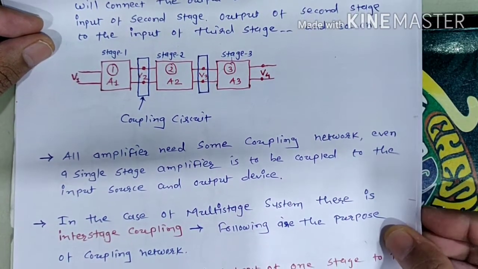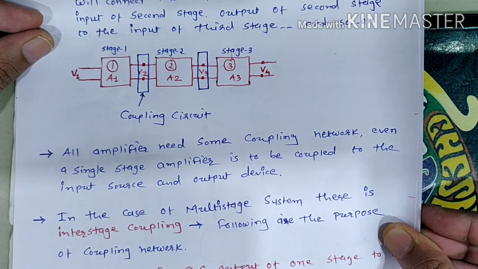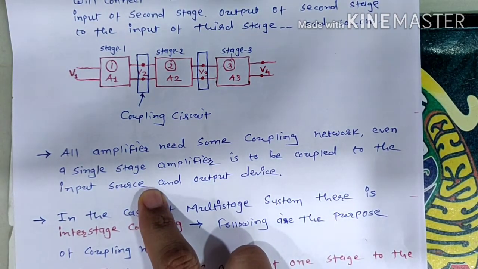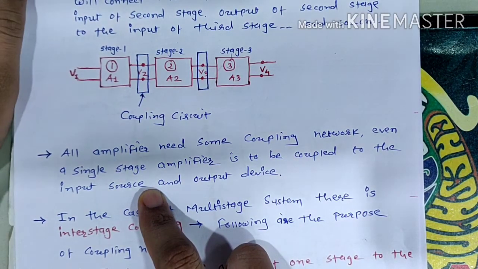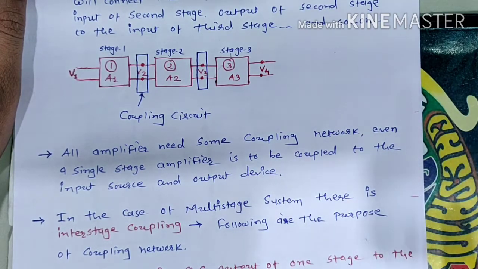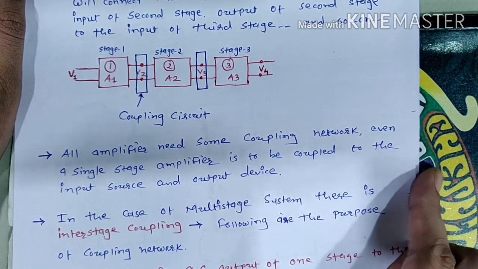When we connect an input source, a microphone or anything, to the input side of the amplifier, we need some coupling circuit even if it is a single stage amplifier. And when we take the output to a loudspeaker or anything else, we also need a coupling circuit at the output side.